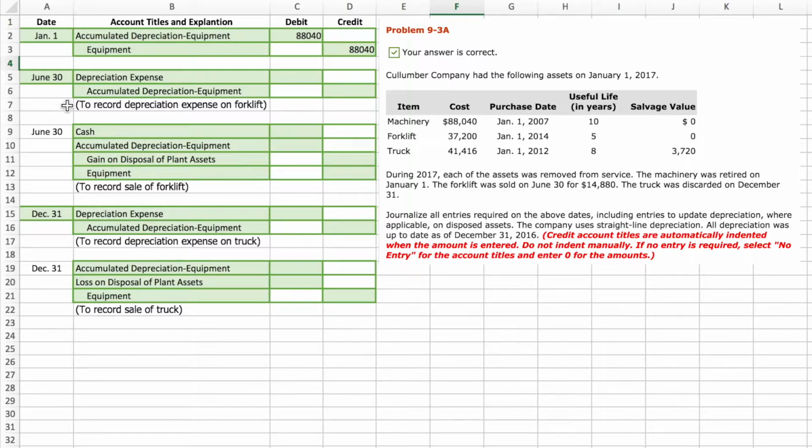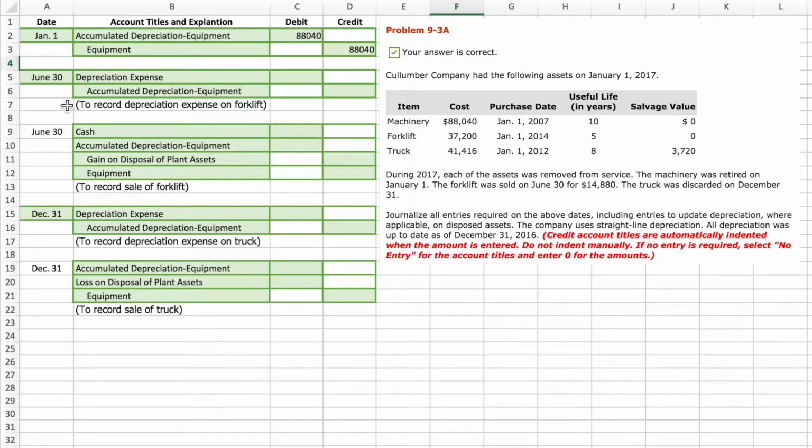Alright, so now we're going to move on to record our depreciation expense on the forklift. To do this, we need to figure out what the annual cost of the forklift is. To figure that out, we have to take the cost of the forklift, which is $37,200, and divide that by 5, which is the useful life in years of the forklift.